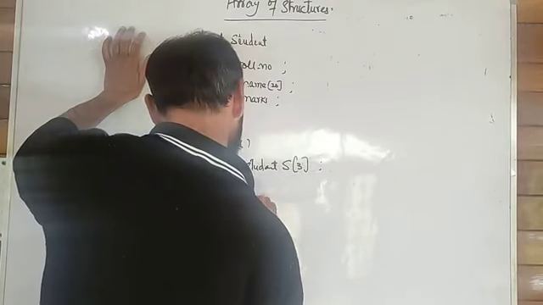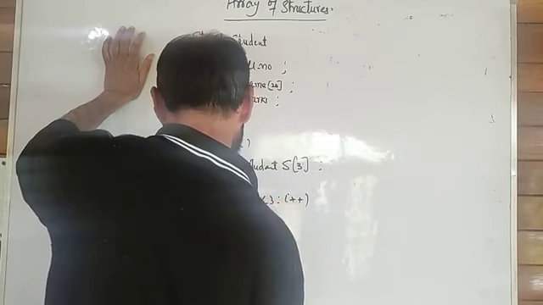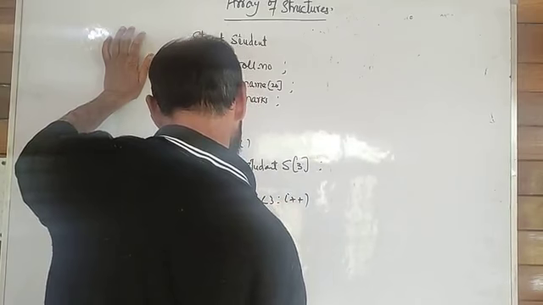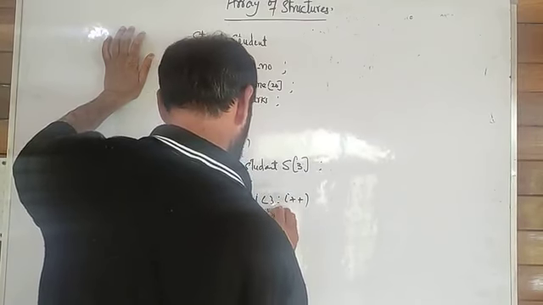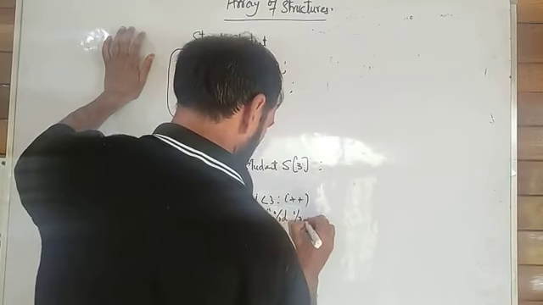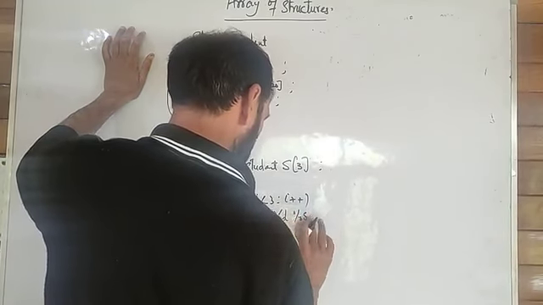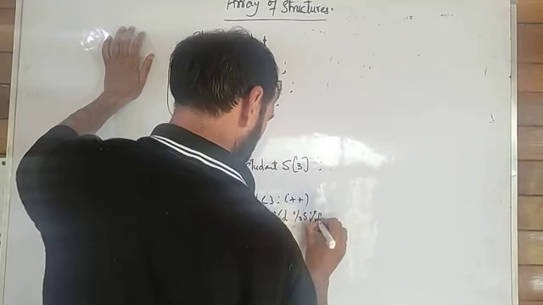For i equal to 0, i less than 3, i plus plus, scanf %d, %s, sorry, %f.